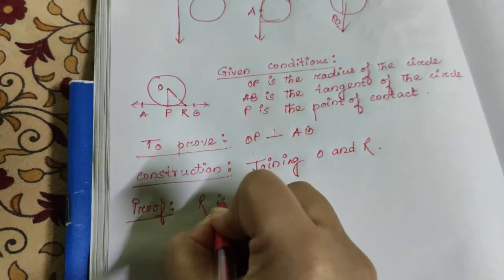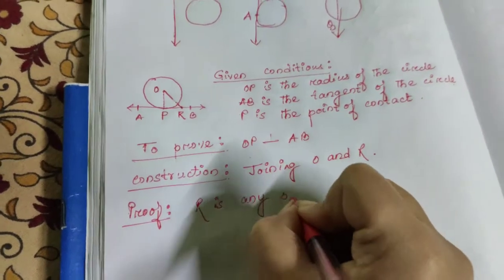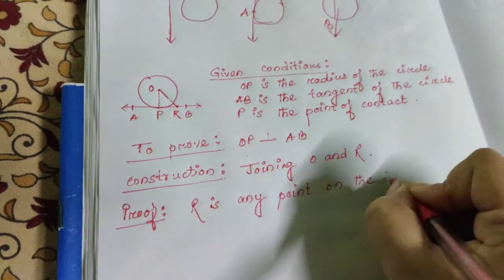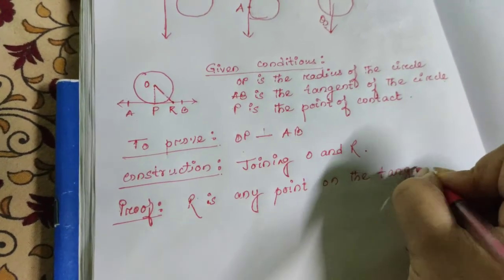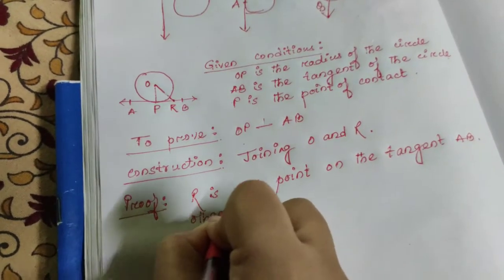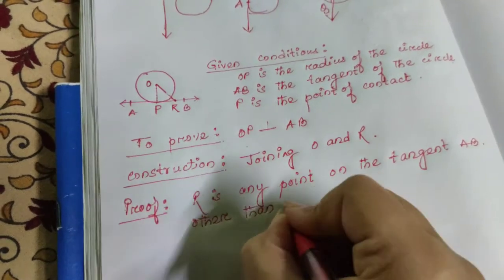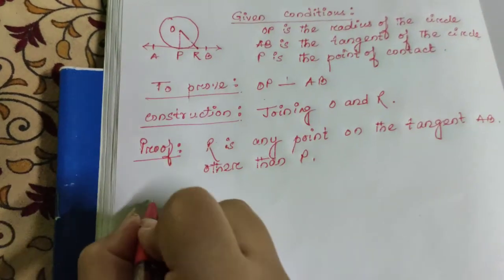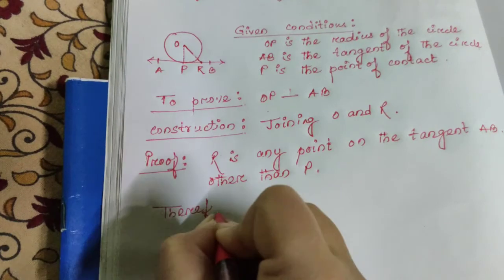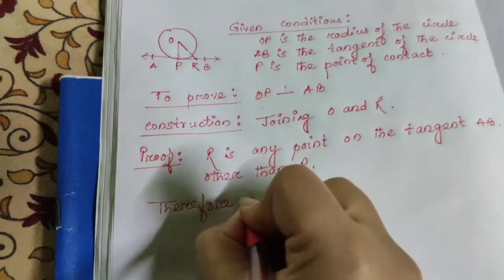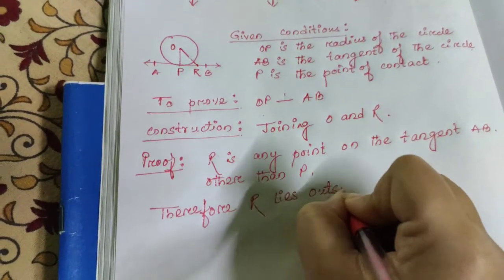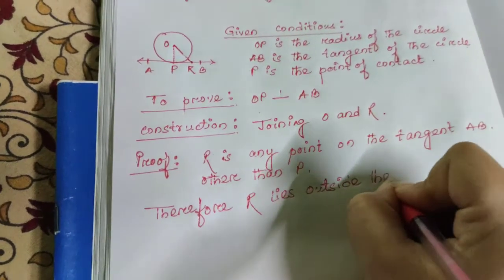As R is any point on the tangent AB other than P, therefore R lies outside the circle.